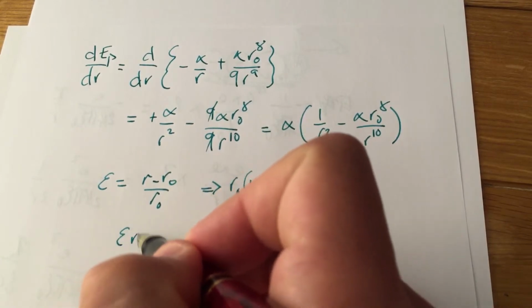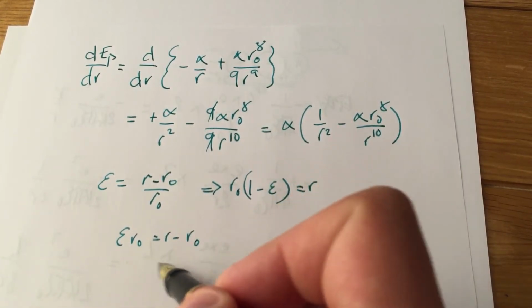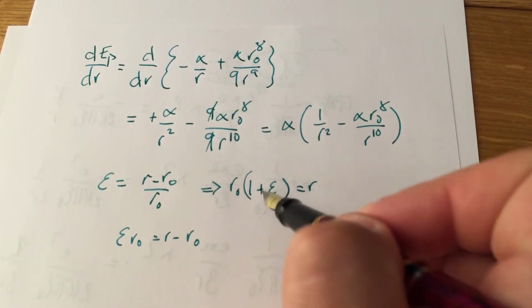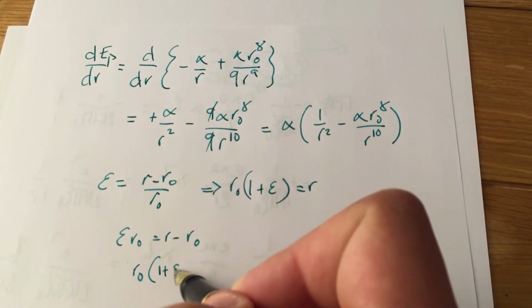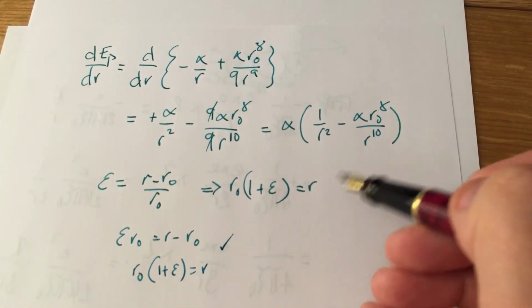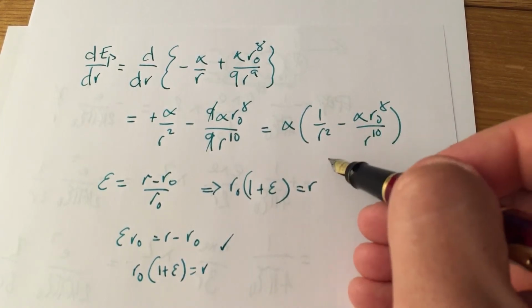Multiply e r naught is r minus r naught, so therefore r is 1 plus e equals r. Okay, tick. So what do we have here? Let's throw this back into there and see what we get.